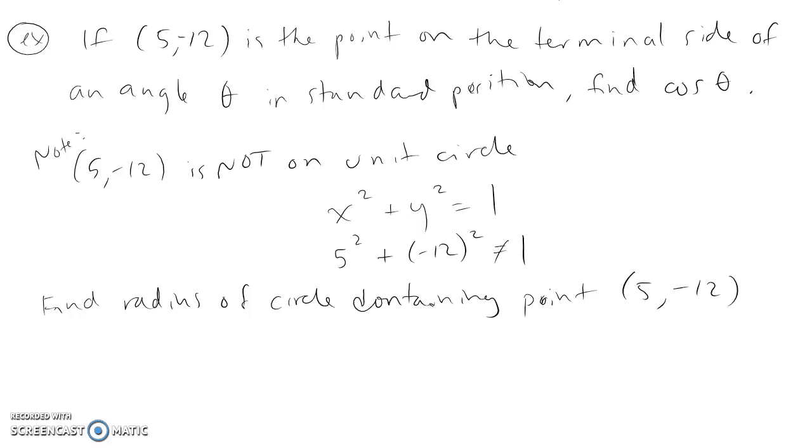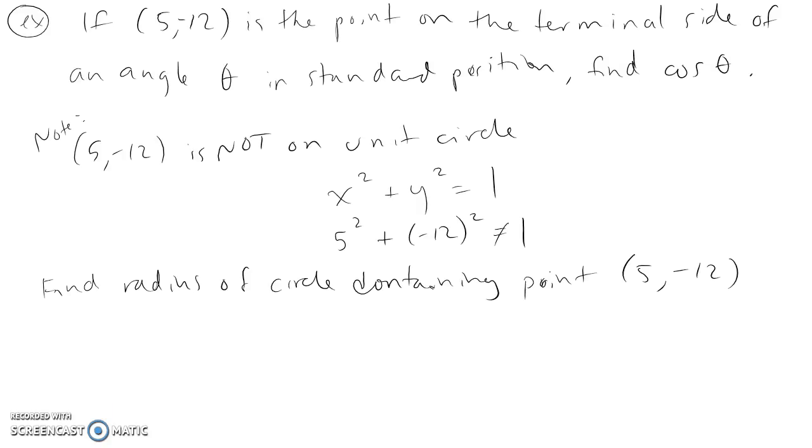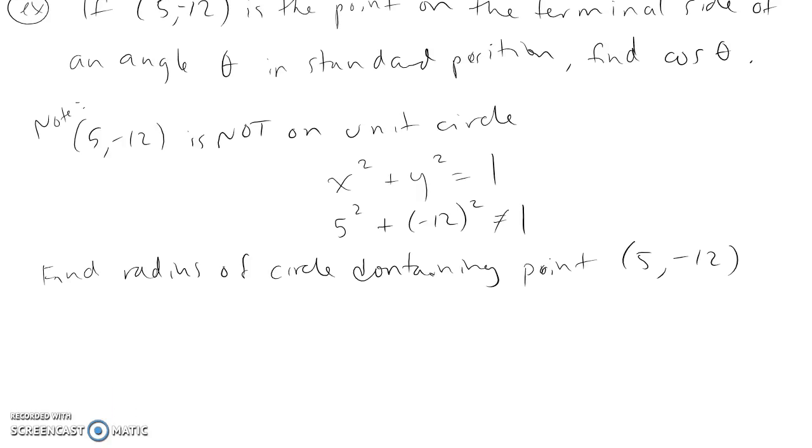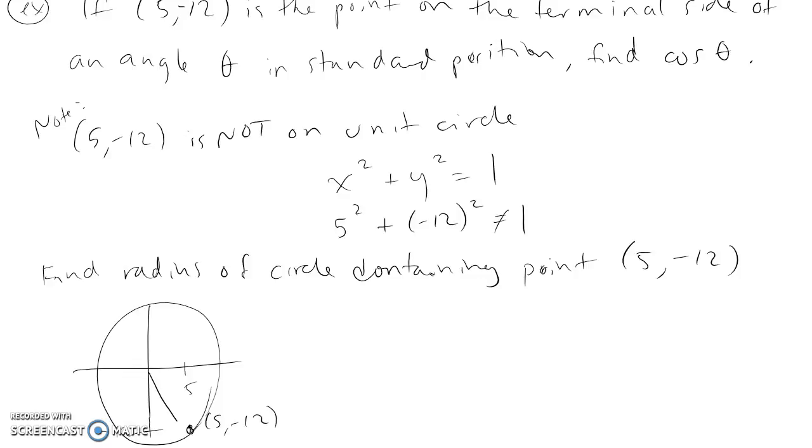Again, we don't know the angle theta. Doesn't matter. We don't need it. All right, so let's take a look at the picture of this. Where's (5, negative 12)? Well, here's 5, here's negative 12. It's about right here. So the idea is we're looking for the circle centered at the origin that the point lies on, and really what we want to know is the radius here.